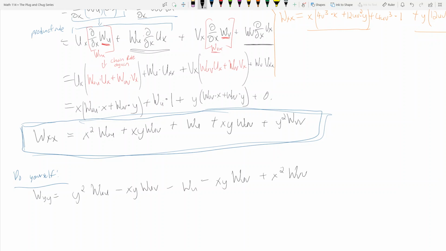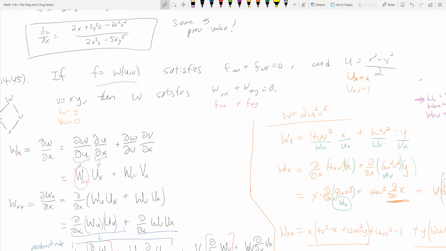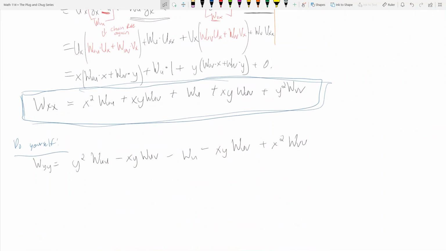So finally, your last step is to show w sub xx plus w sub yy is equal to 0. All right, so if I add these two above, what happens? This guy cancels with that guy, and that guy cancels with that guy. So all those guys cancel.